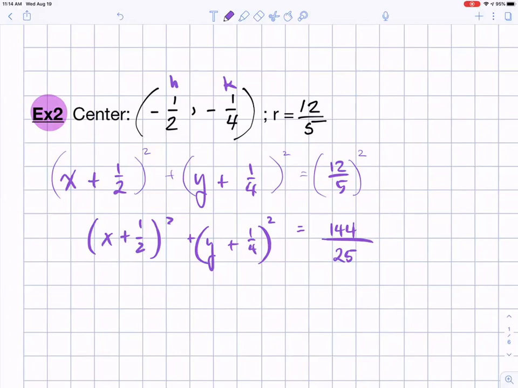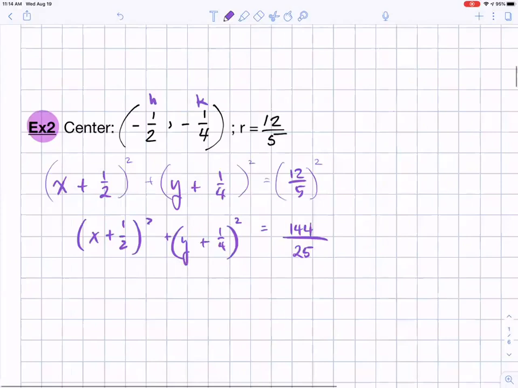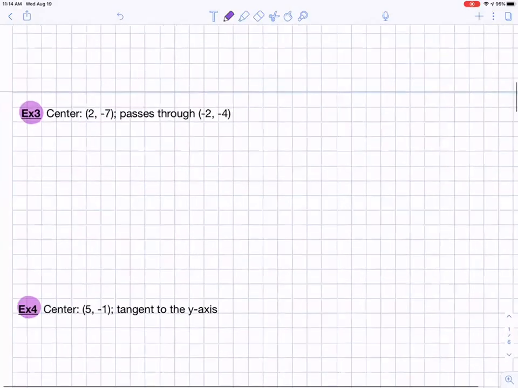H, K, and R, the radius. From here on out, if you're going to write a standard equation, you have to know H, K, and R. As long as you have H, K, and R, you can write your standard equation. That's all it requires.